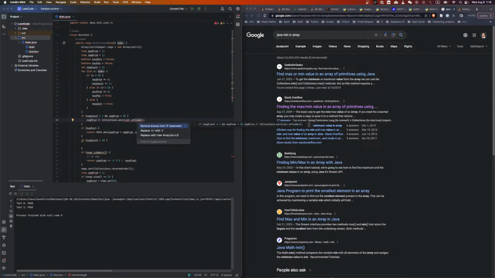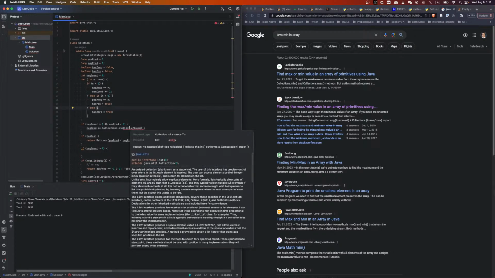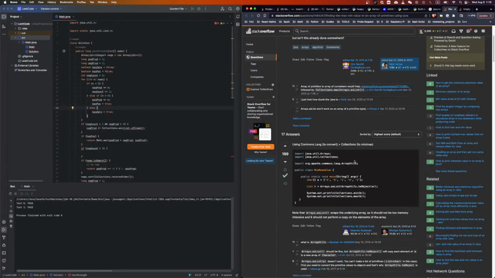Remove brace for... Why? Array utility dot.